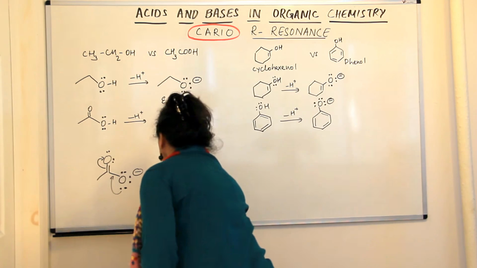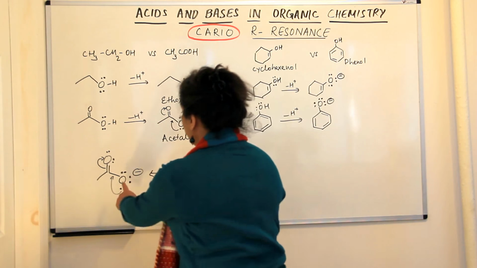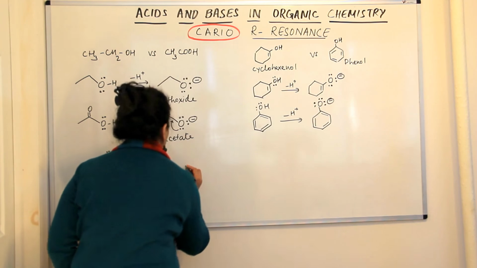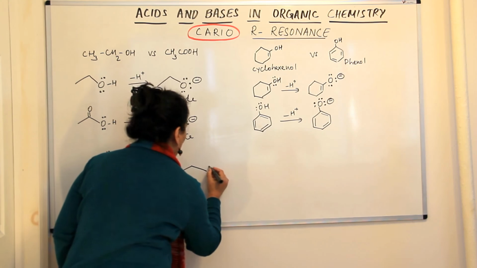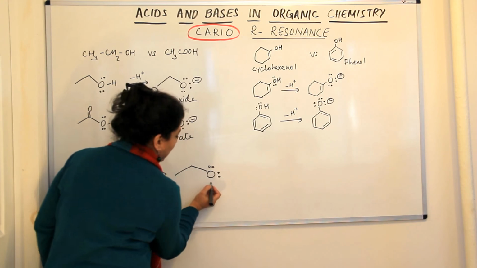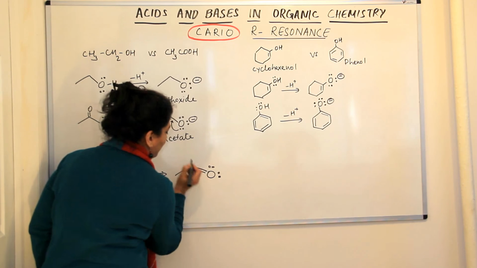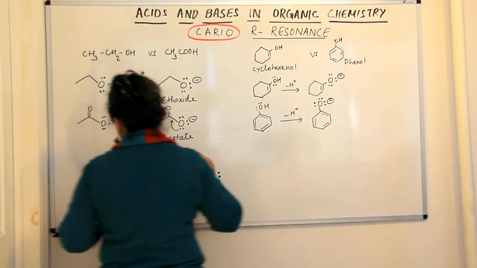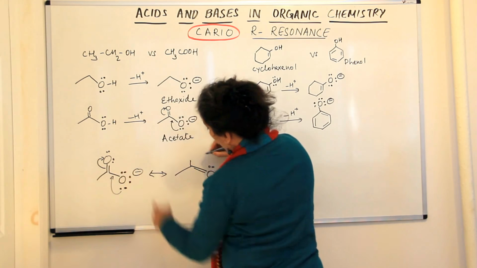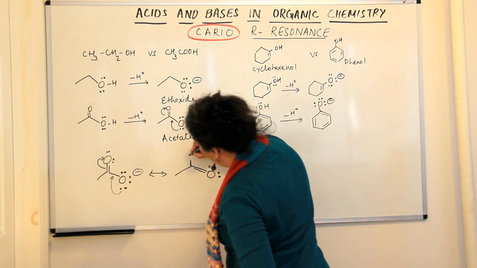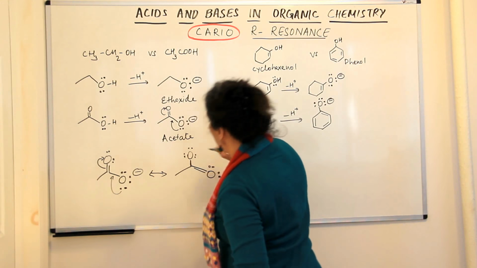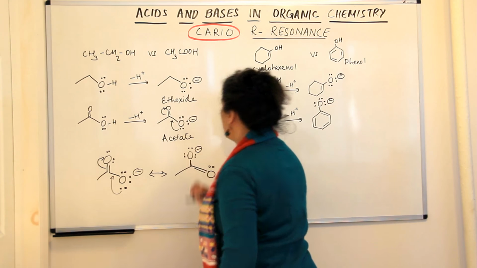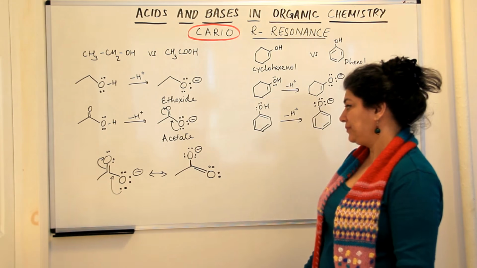So it forms the resonating structure, and the resultant structure would be: this oxygen now has 4 electrons, and this pair of electrons has formed a bond here, and the double bond here forms a single bond because 2 electrons have moved up to this oxygen, now giving it 6 electrons, and the negative charge comes up to this oxygen.